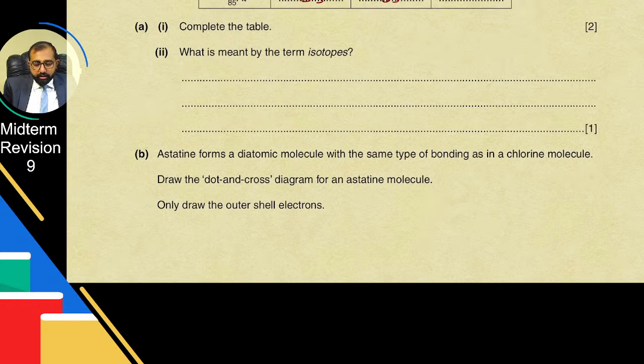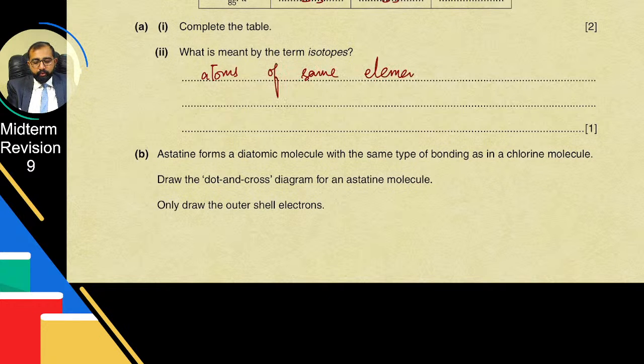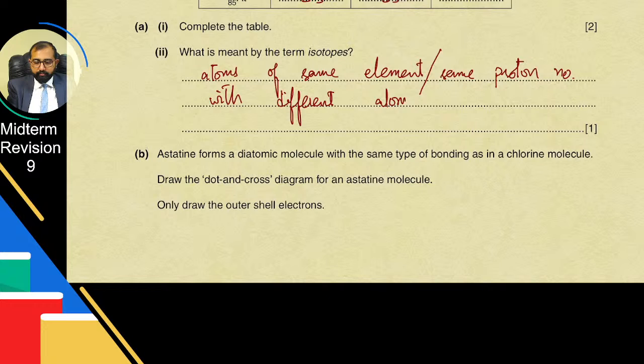What is meant by the term isotope? So again, what's isotope? It is the atoms. Remember, these are atoms of same element. You can say that, or you can say same proton number or number of protons with different, you can say atomic mass or mass number or number of neutrons.